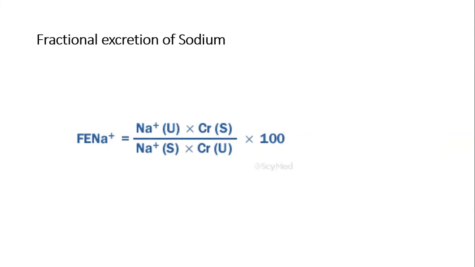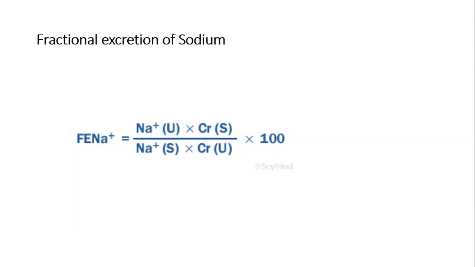Any value more than that is abnormal, and any value less than that is abnormal. If the patient's fractional excretion of sodium is more than 2, that means he's hyperfiltering it. That is, the reabsorption capacity of the kidney is impaired. There is some functional intrinsic problem with the kidney. That is why it is unable to reabsorb the sodium and it is being secreted in the urine.